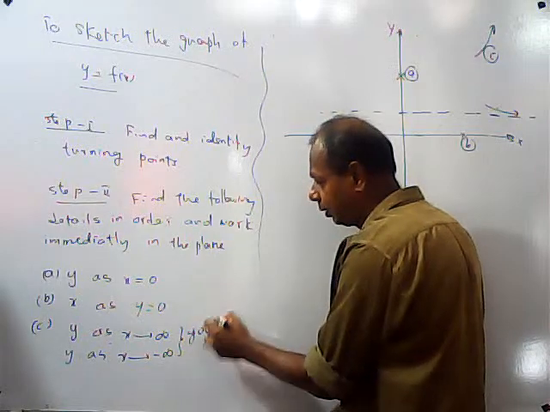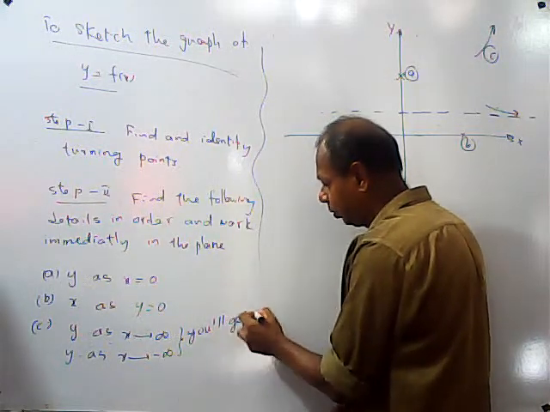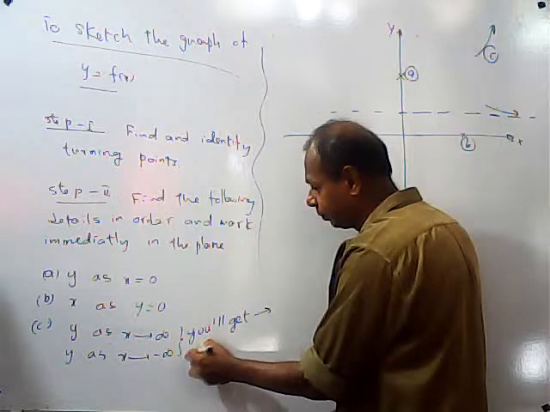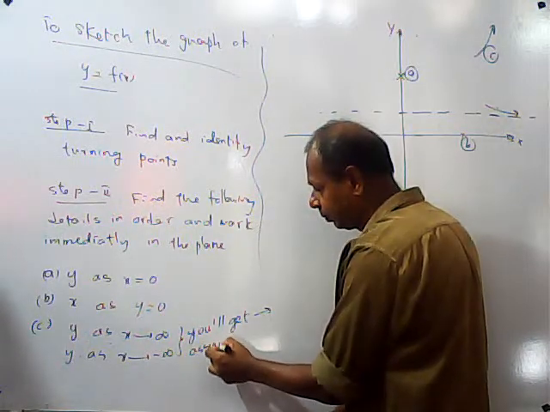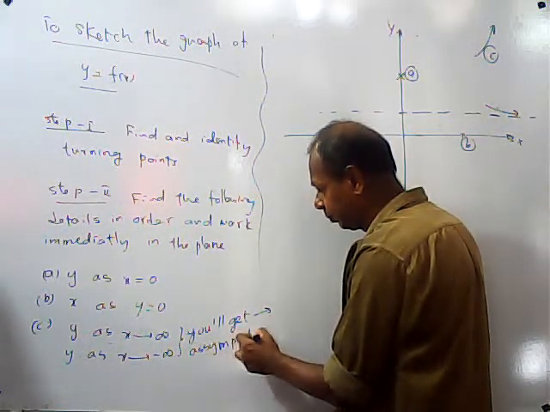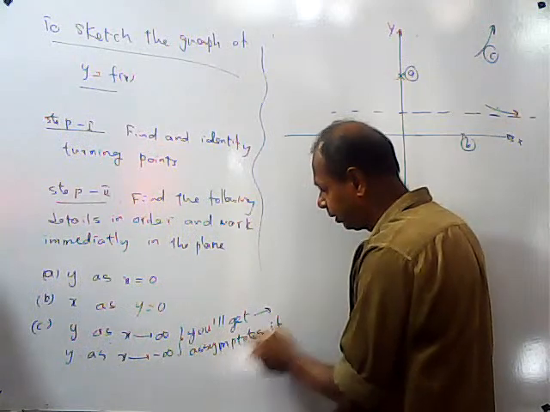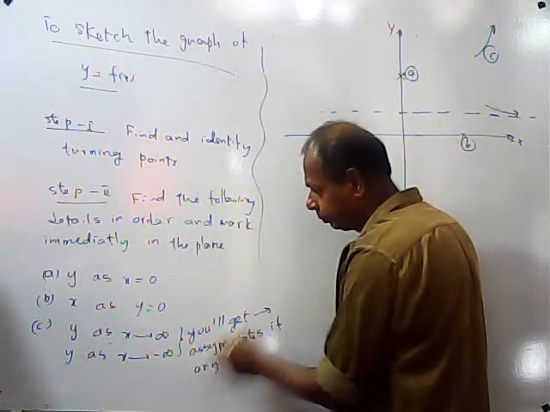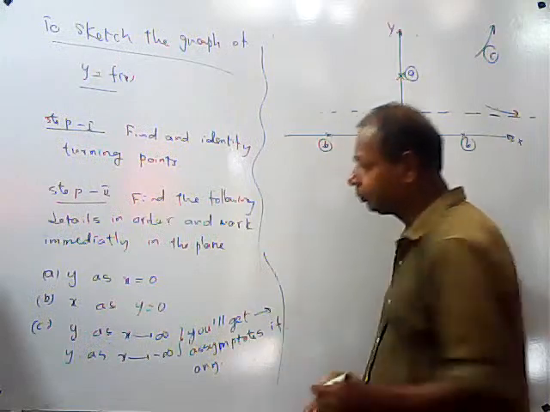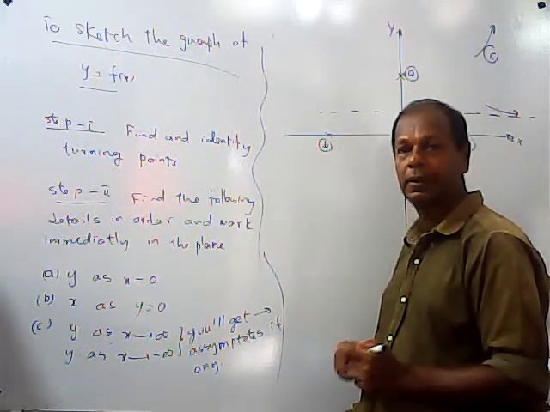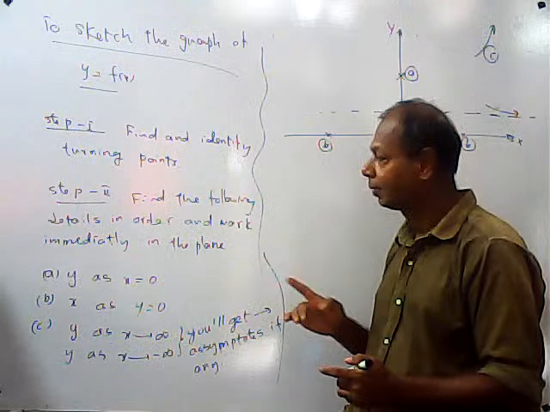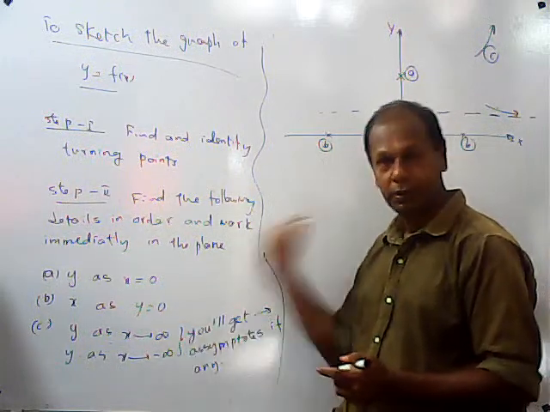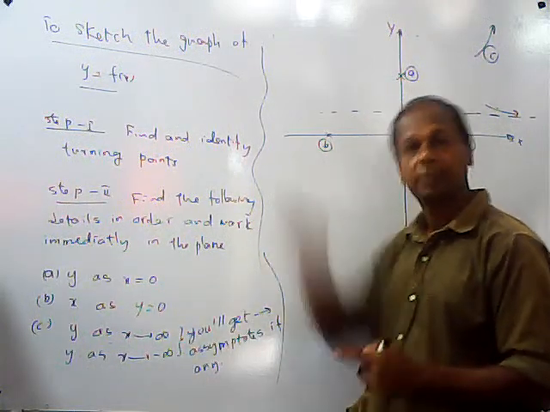So you will get horizontal asymptotes, if any. That's the third one. The fourth piece of information you are finding is the vertical asymptotes.